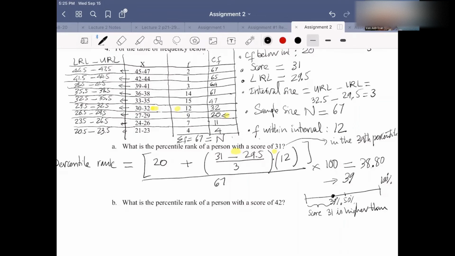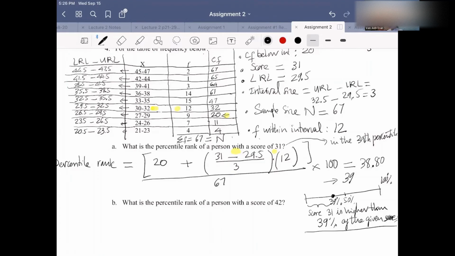If you see that 39% is to the left of the 31, then that means that the score 31 is higher than what percent of the scores that you are given here? It's higher than 39%, right? Of the given scores, okay? You look at the percent to the left of the 39% or the 31, that means that the score 31 is higher than 39% of the scores that you're given.